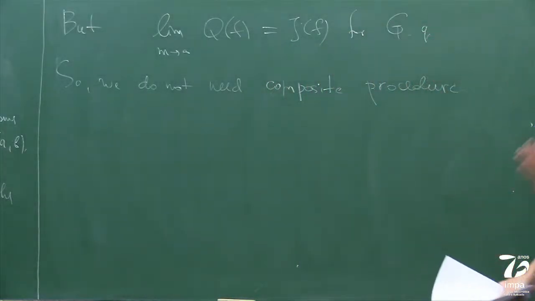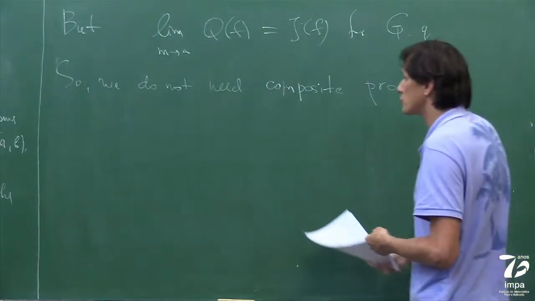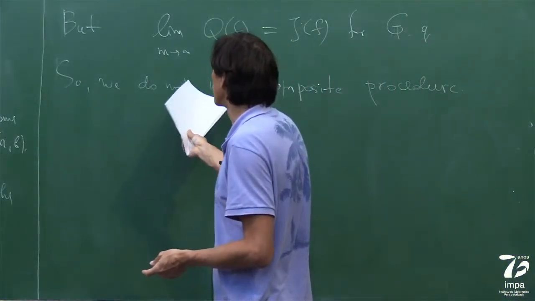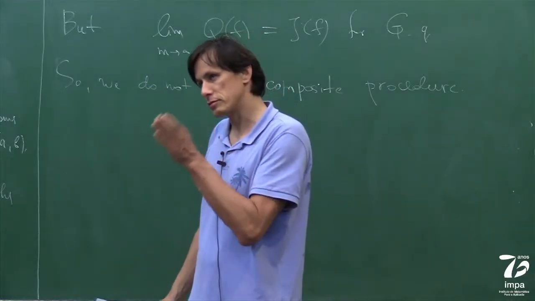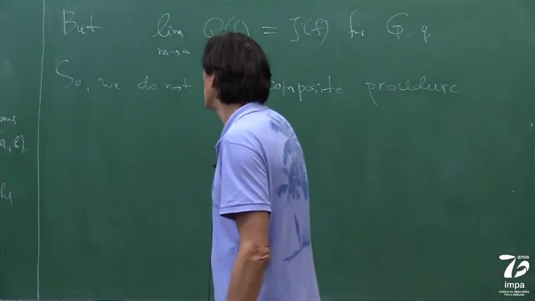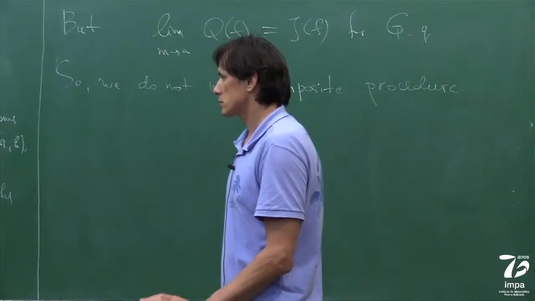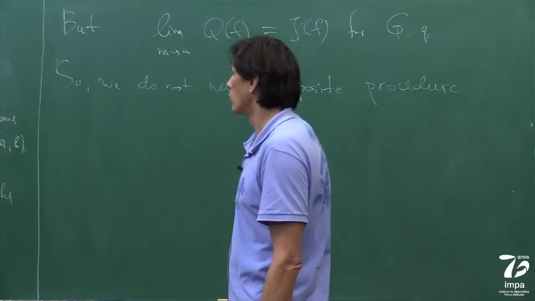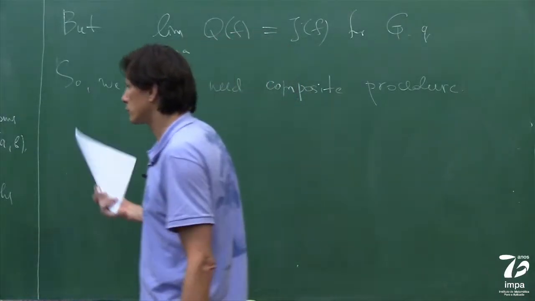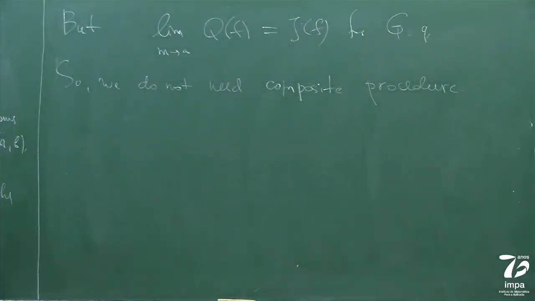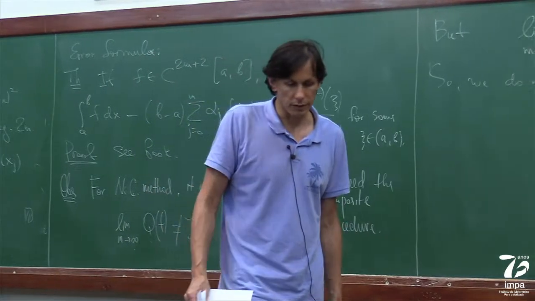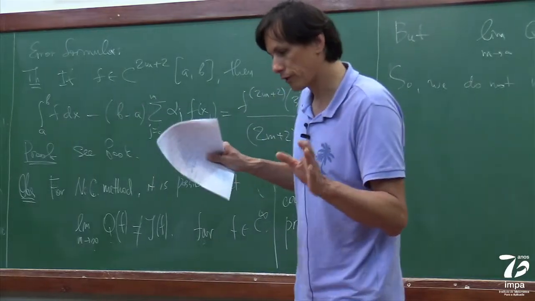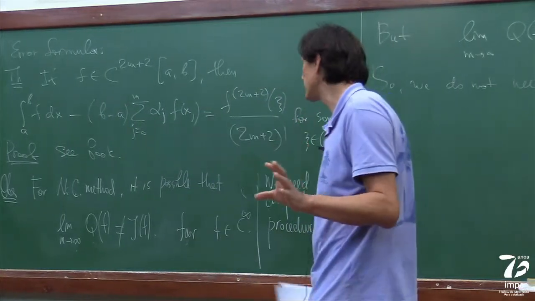Which means that we don't need to split the interval into small intervals; instead, we just take the right points with the right coefficients. It's slightly costly because these points are usually irrational, so you need to know these points with coefficients exactly.